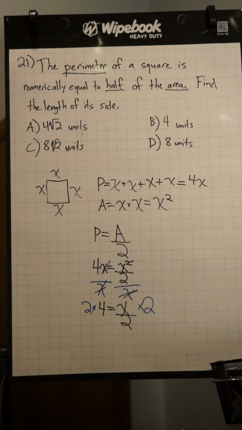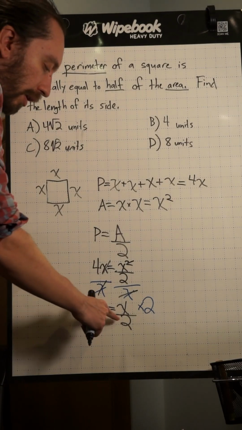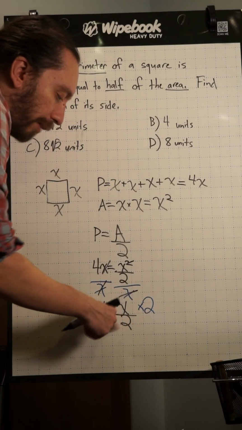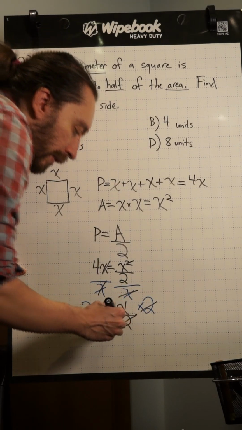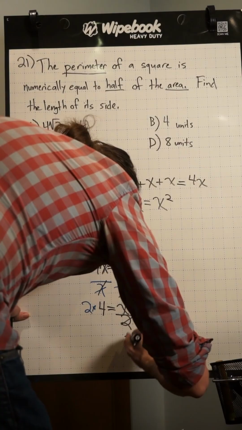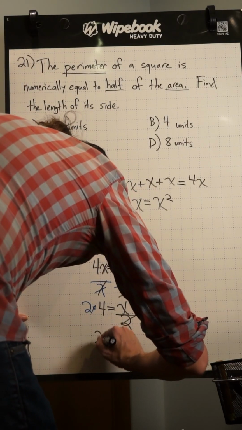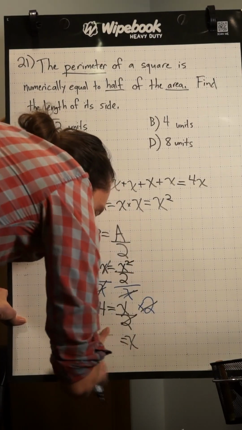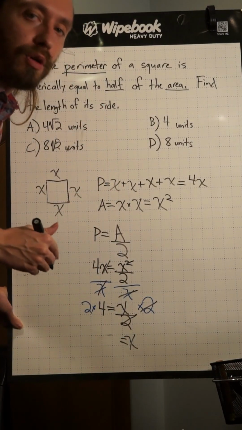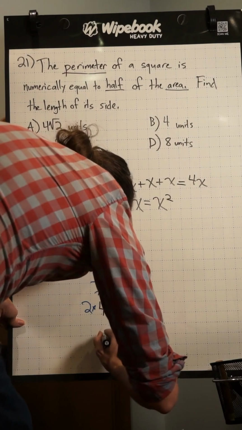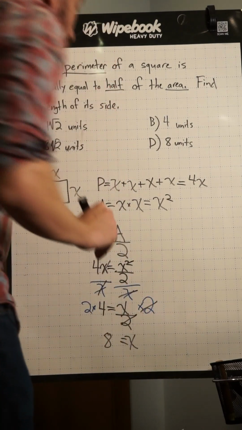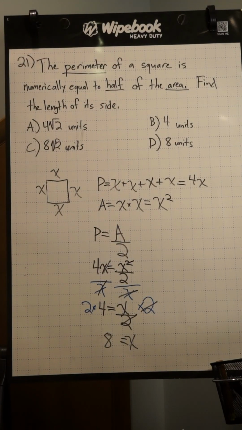Okay, so for the final answer, on the right side, 2 on top, 2 on bottom, they cancel. So we get x. On the left side, we have 2 times 4, which is 8. So we get x equals 8.